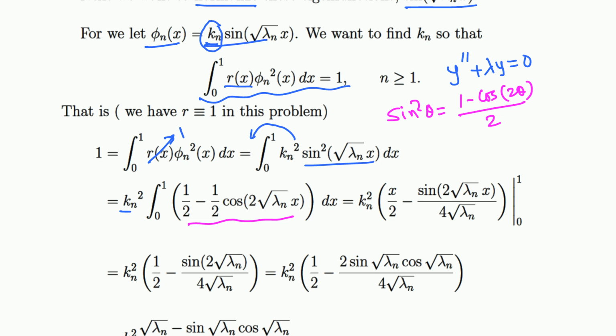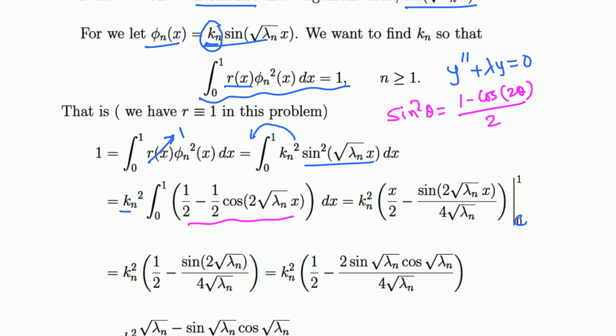Now we can integrate, with kn squared outside. The antiderivative of 1/2 with respect to x is just 1/2 x, minus 1/2 times the antiderivative of cosine, which is sine, and we divide by the angle's coefficient 2 root lambda n, so 4 root lambda n.